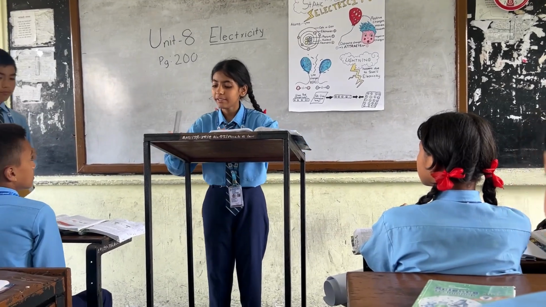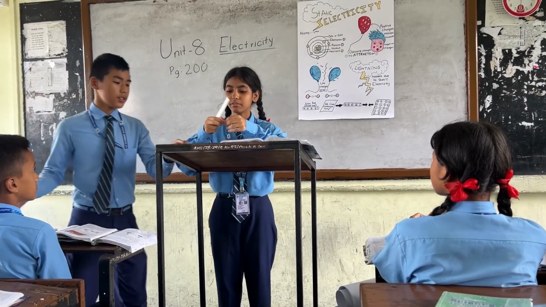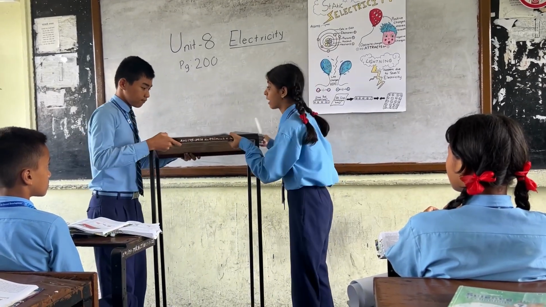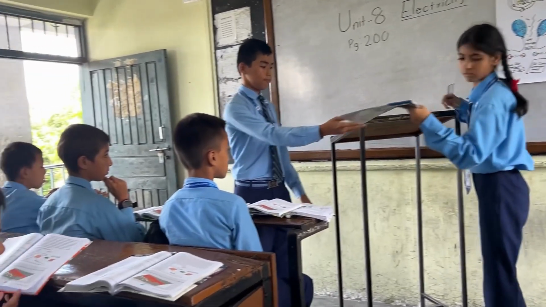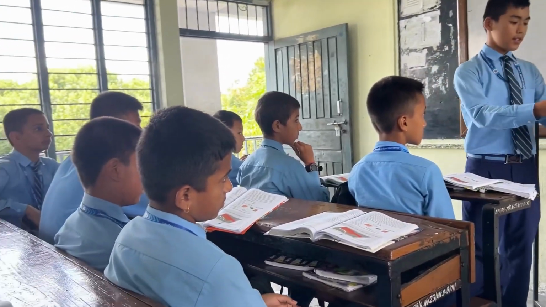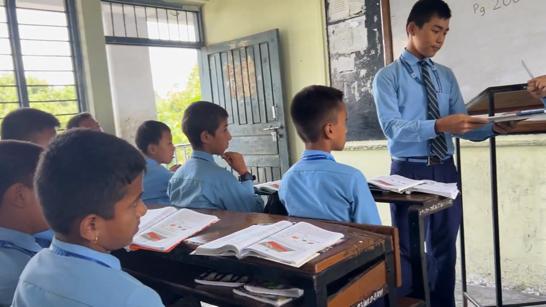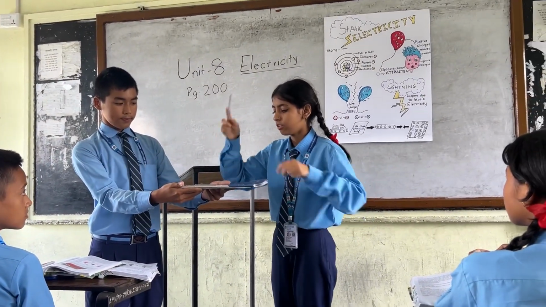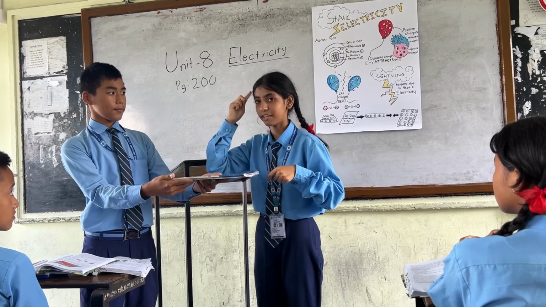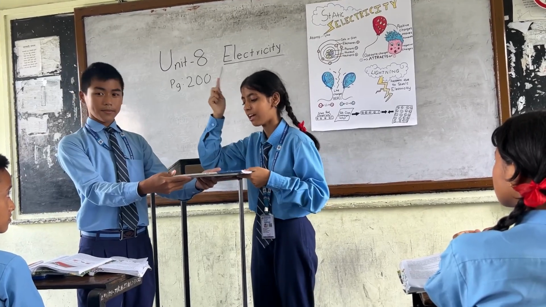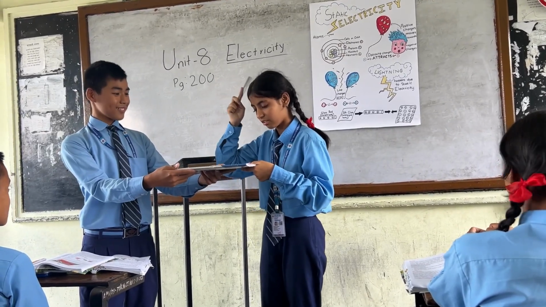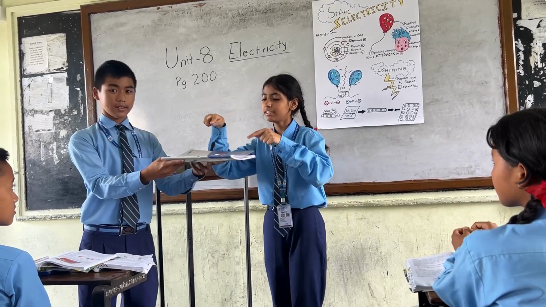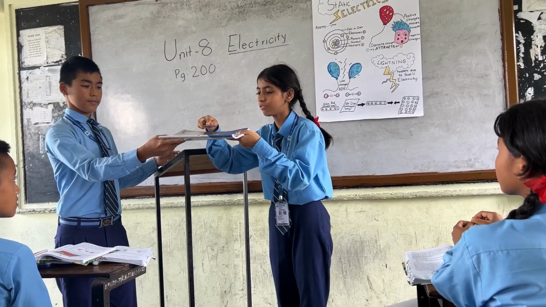So here we take a small piece of paper and rub the scale on our hair, and we can see that whenever the scale goes near the paper, it just flies by itself.